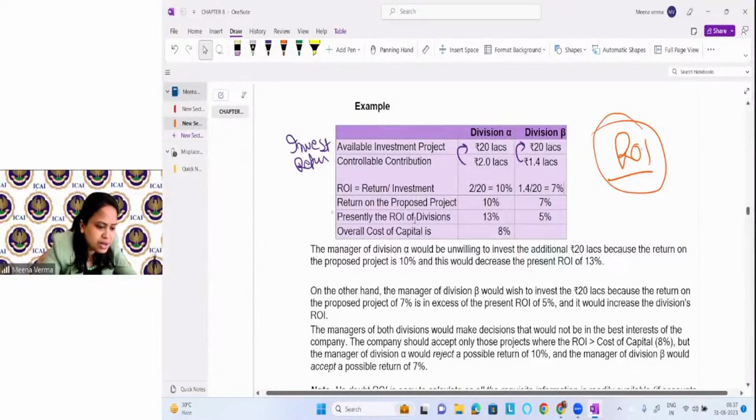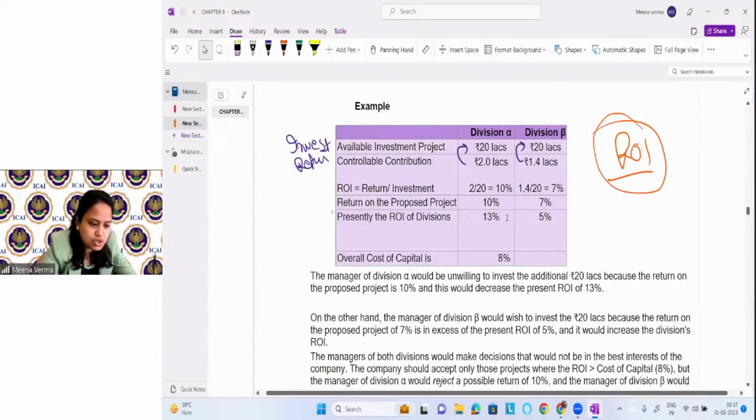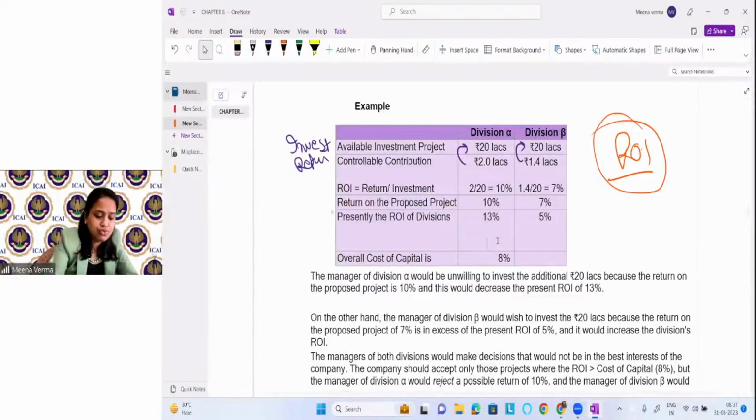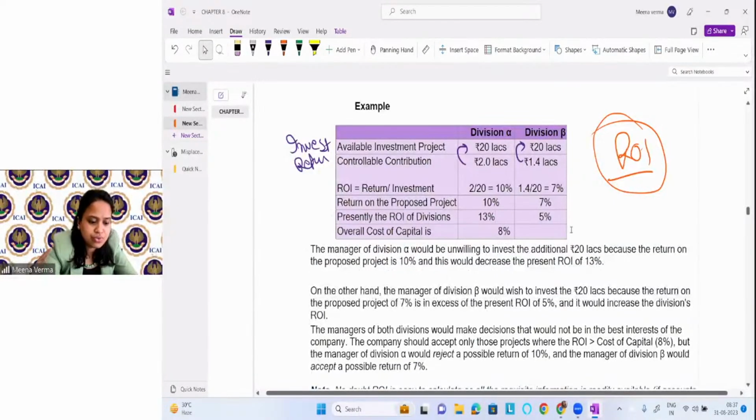All right. Presently, the ROI of division A is 13% and the ROI of division B is 5%. You know, the overall cost of capital is 8%. Now you have to take a decision.